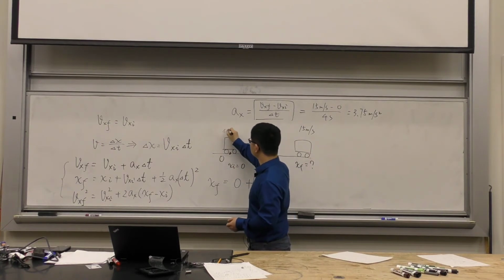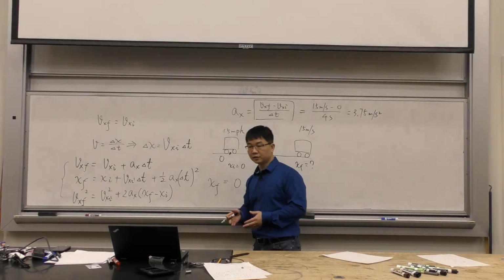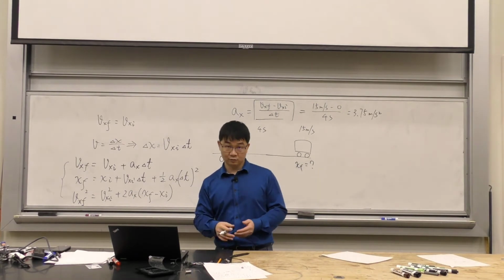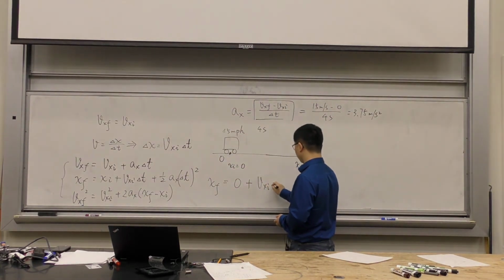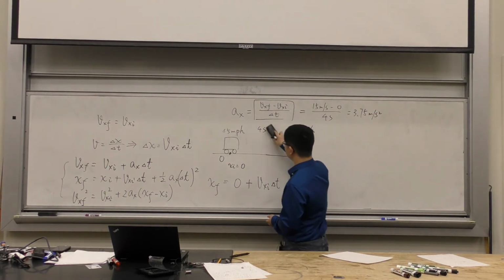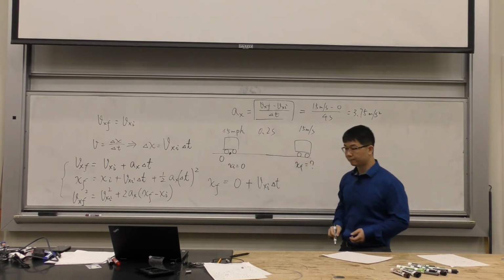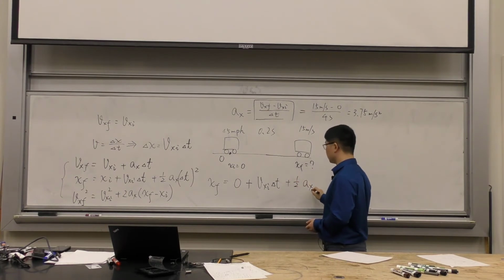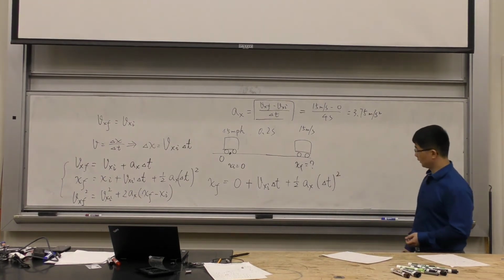If I call the moment you see the deer and then hit the brakes the beginning of the motion, the initial velocity is not 0. You can't put a 0 here. And the time the problem tells you is a very short amount of time, 0.2 seconds. And then the third term is still here, 1/2 acceleration delta t squared.